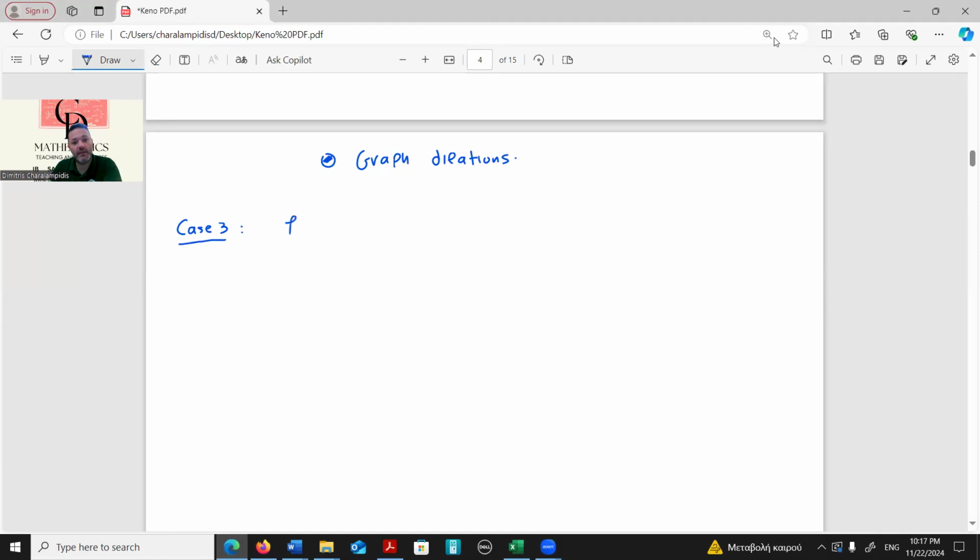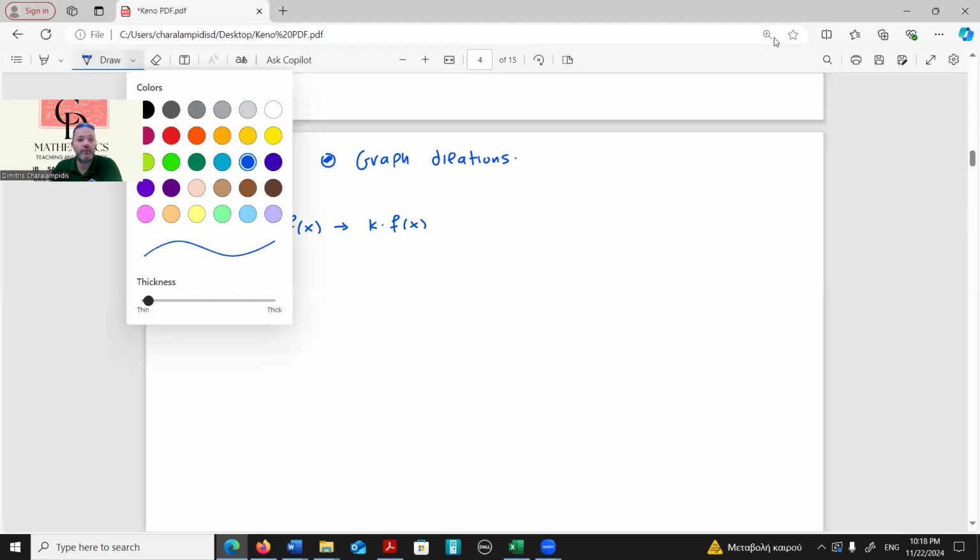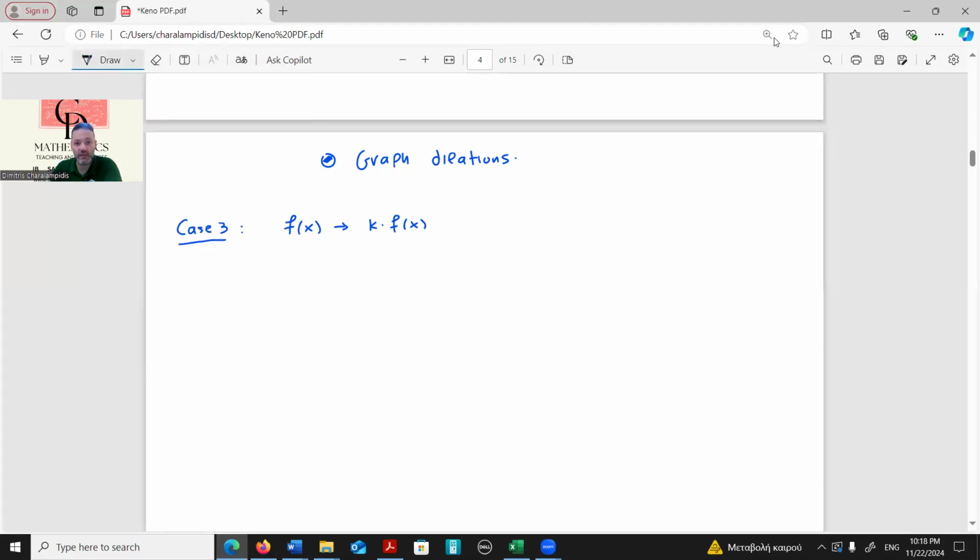And in the third case, we will explain first what happens when we transform f of x into k times f of x. First of all, here we do see that the change occurs in the output, in the entire f of x. So it has to be a vertical one.